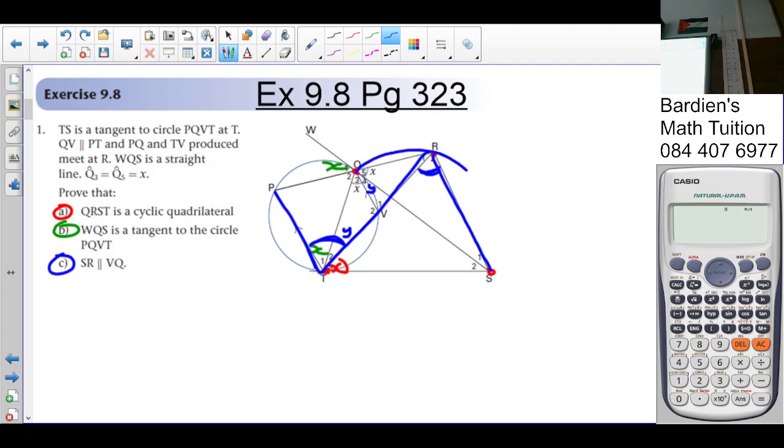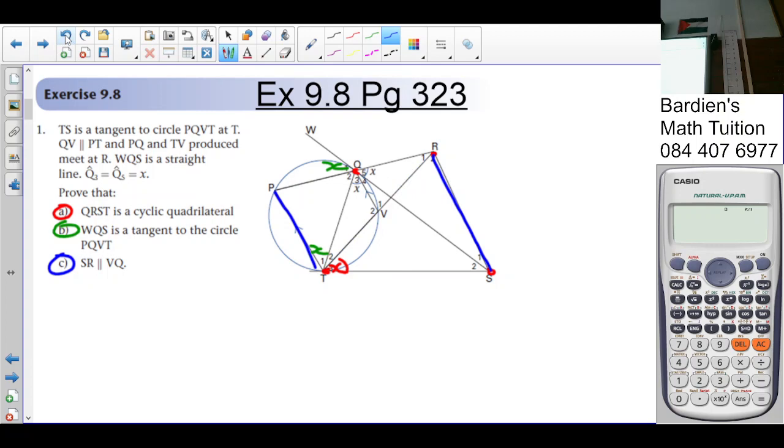Because this is already a cyclic quad. So this angle there, which is x plus y, is already equal to x plus y. Can you see that? Right, let's go again.